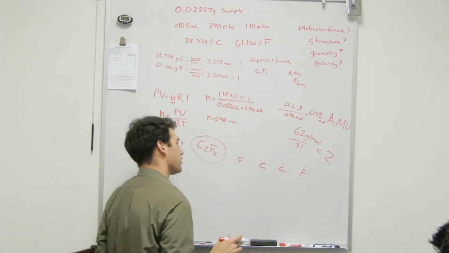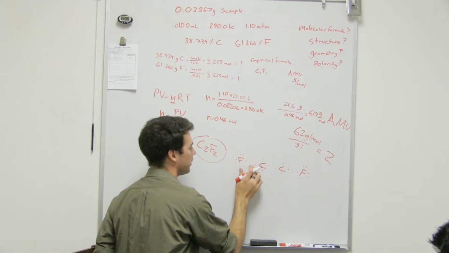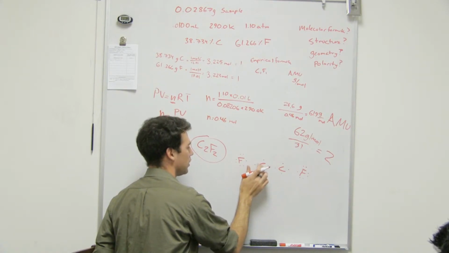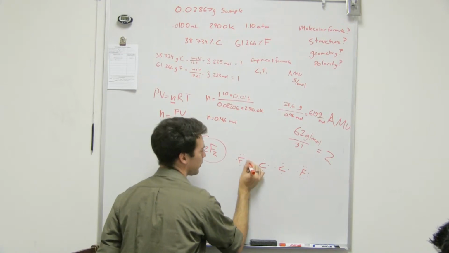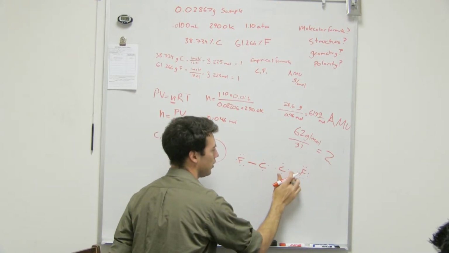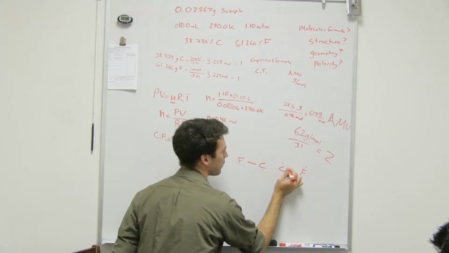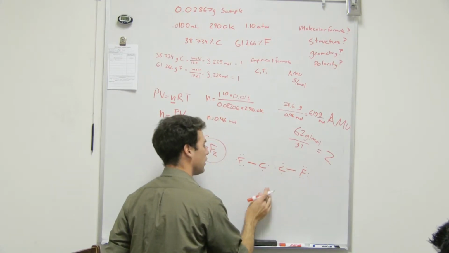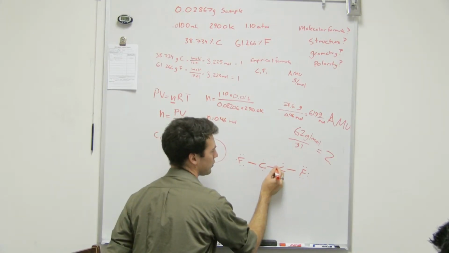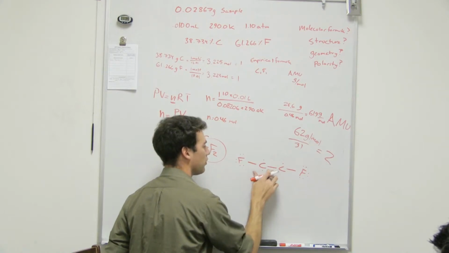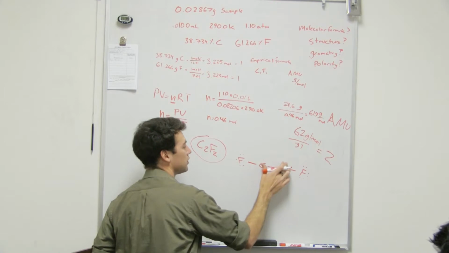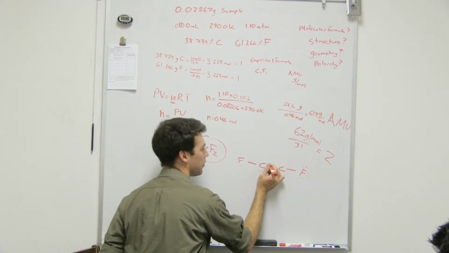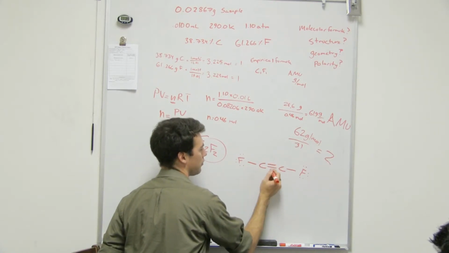So we can assume that only one bond can be made with the fluorine. So fluorine is going to make that one bond with the carbon. Then there's going to be at least one bond between the carbons. But now each carbon needs 3 more bonds, so we form another bond, and another bond.